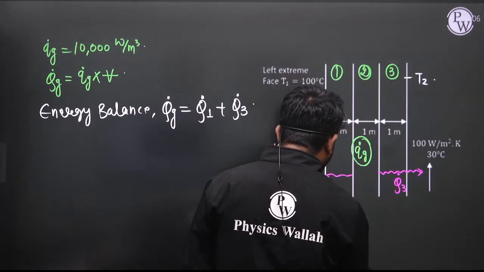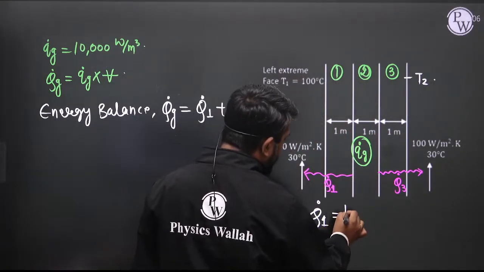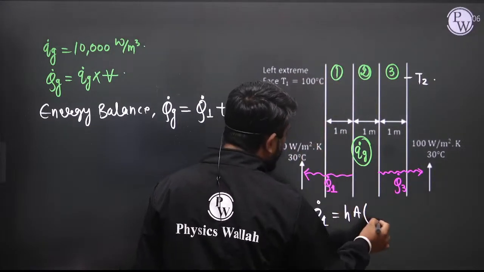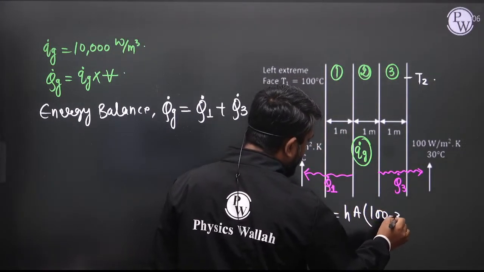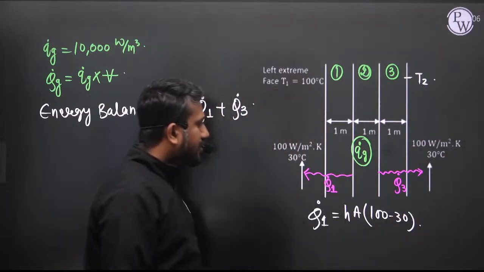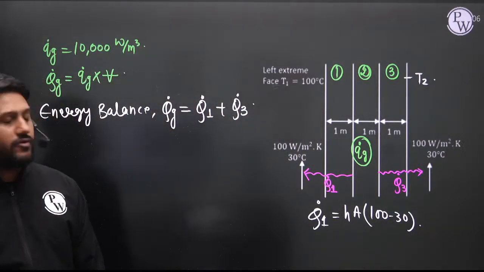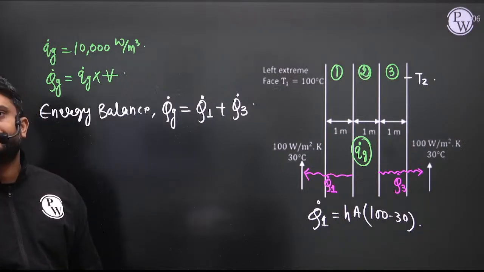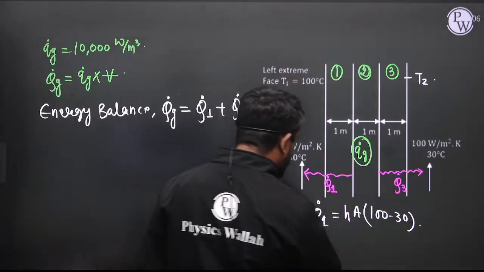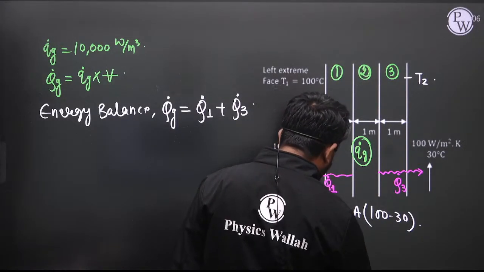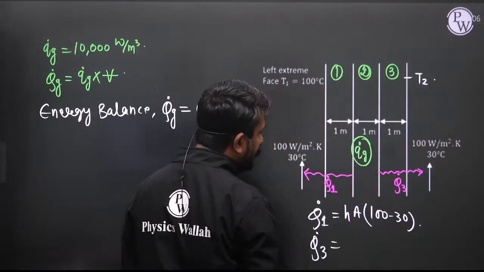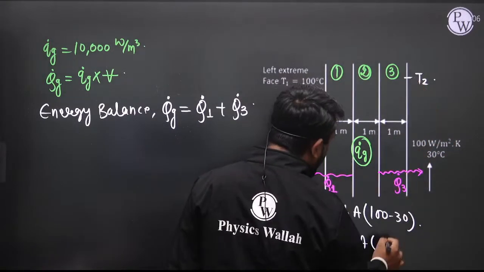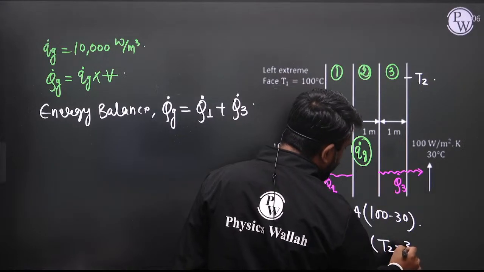Now what is Q dot 1? Q dot 1 is equal to H into A into (100 minus 30). And Q dot 3 is H into A into (T2 minus 30).